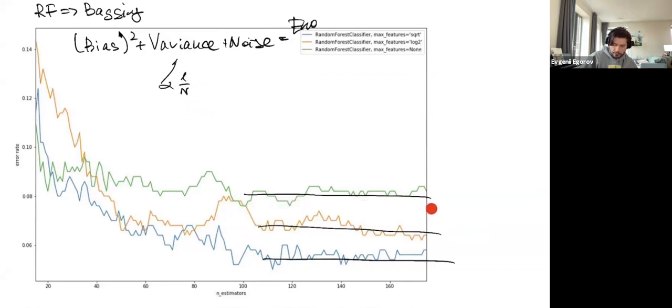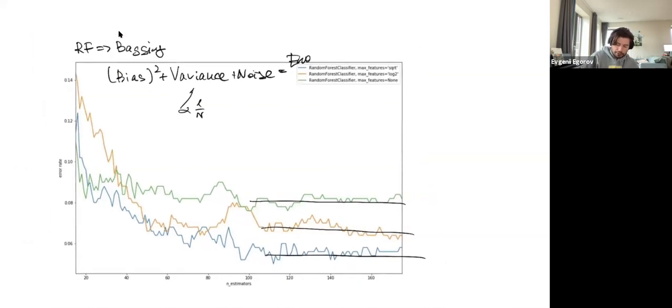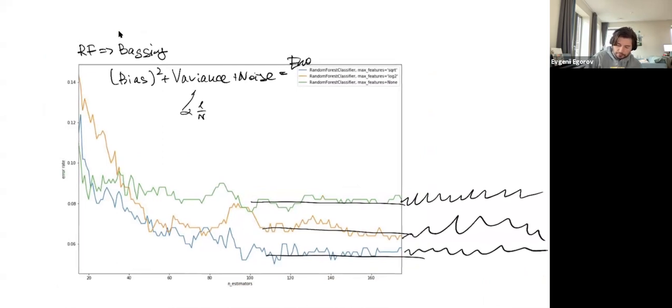But overall, it will never go lower, because this is the bias of the model and we cannot reduce it. With the number of estimators growing much more, you will have very much the same behavior, like this here, and this here, and this here.